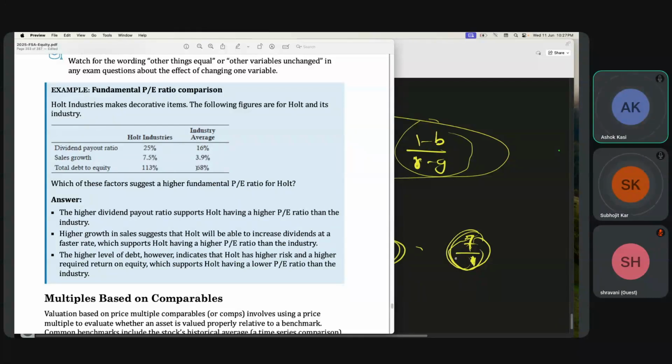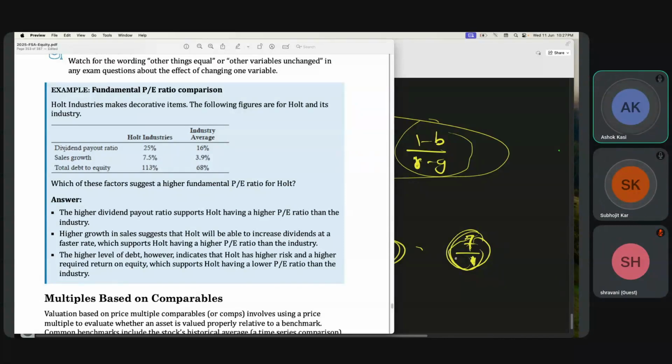And this one, the debt to equity ratio: you want it to be higher or lower? Lower. Debt should be lower. But here you see Holt's debt to equity ratio is very high. So overall, they are saying the P/E ratio is high.